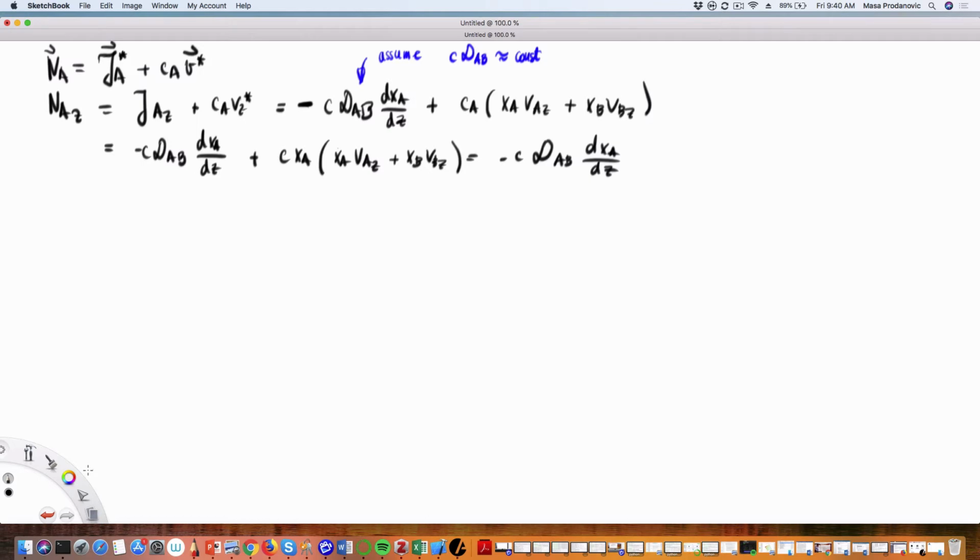So here I can get my C to multiply XA and XB that are in this V star definition. And when I do that, I'm going to have XA left outside. C XA VAZ is CA VAZ, which is NAZ again, and NBZ.